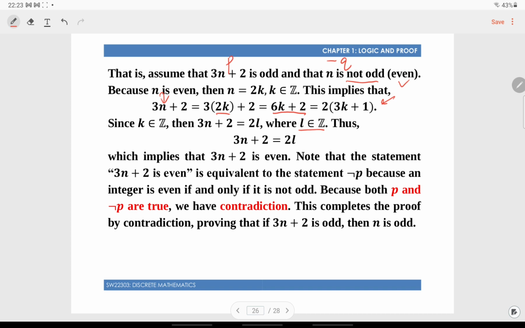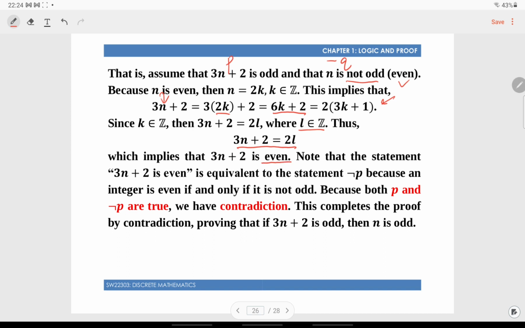So 3n plus 2 equals 2L, which implies that 3n plus 2 is an even number.